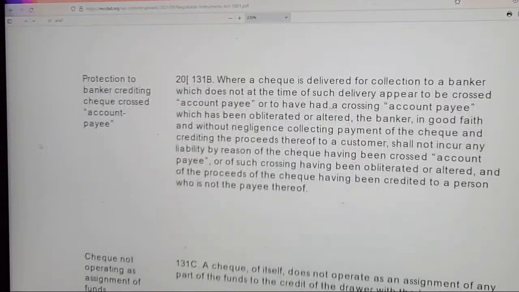Protection to banker crediting check crossed account payee.